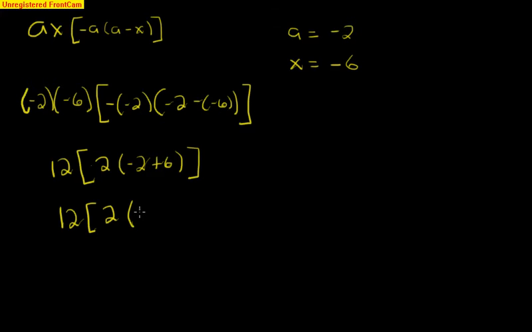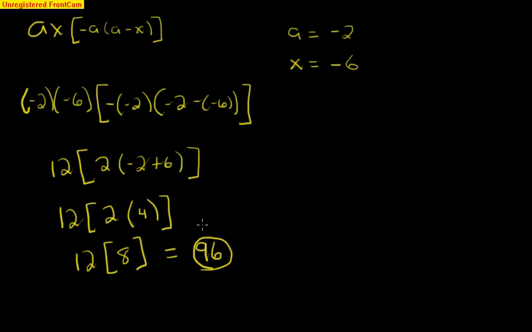Negative 2 plus 6 is 4. And so 12 times 8. And 12 times 8, 8 times 10 is 80. 8 times 2 is 16, so 80 plus 16 would be 96.